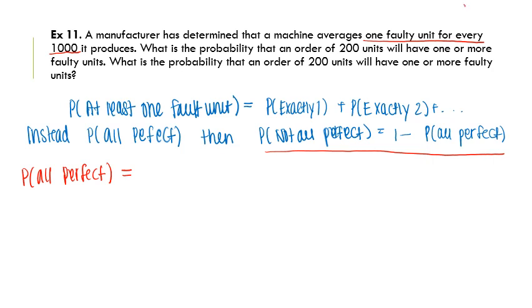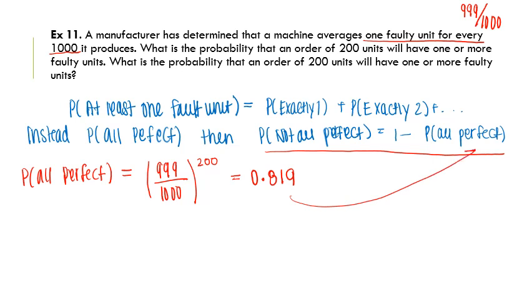So the probability of them being perfect would be 999 over 1,000. Okay, so that's just under 1, but then we have 200 of them. So we would have to multiply this 200 times, which would be raising it to the 200th power. So that would be 0.819. Okay, so that's probability of them being all perfect.